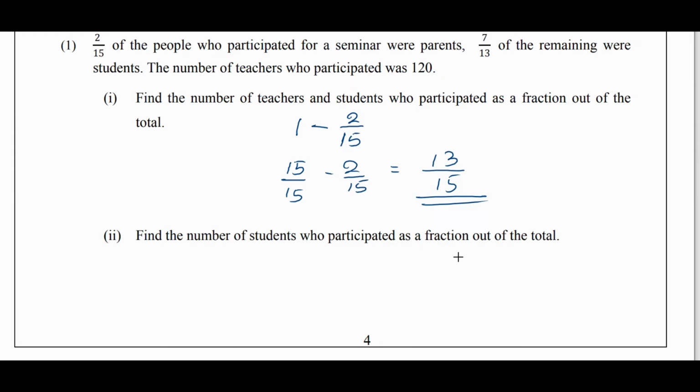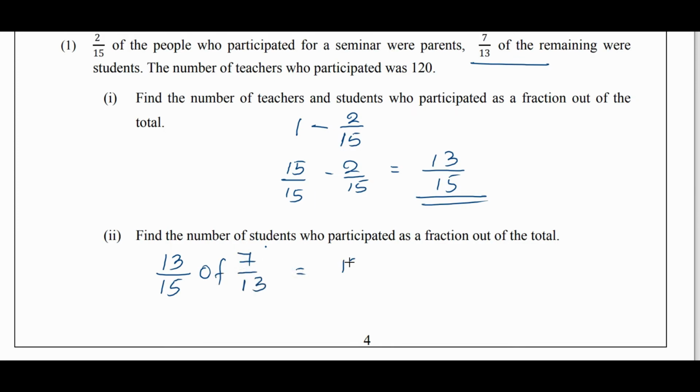Then we are asked to find the number of students who participated as a fraction of the total. Here it was not given as a fraction of the total, it is given as a fraction of the remaining. Then the fraction of the total, since 2 out of 15 are parents, is 13 out of 15 of 7 out of 13.